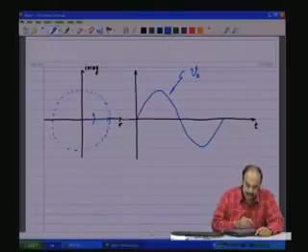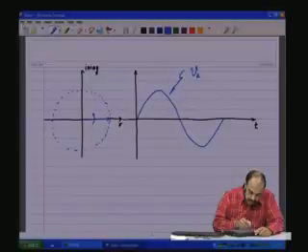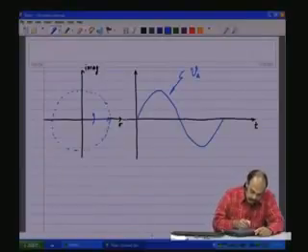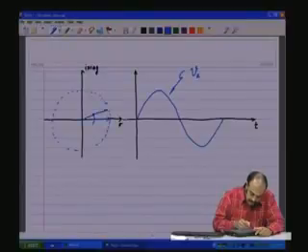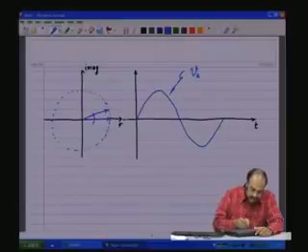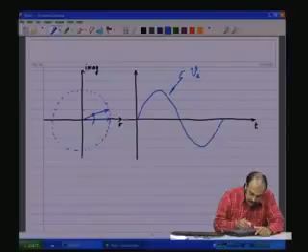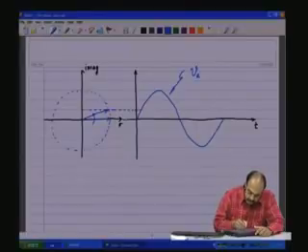So, let us see what happens. Let us say now at this point the projection of this vector is going to be 0. So, let us say this is a point here. Now, let us say this vector has moved to a position here. Now, this is the projection along the vertical axis, and we project it along to this, and we have a point here.